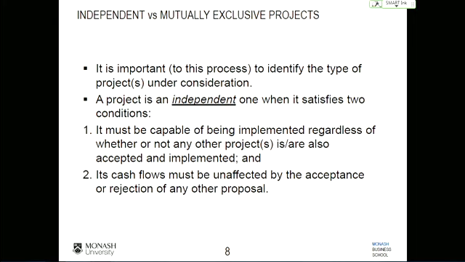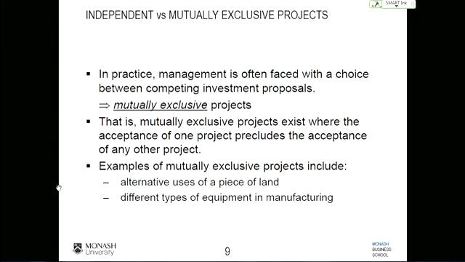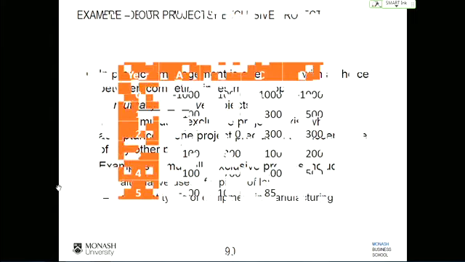The two projects are good, but because we can only choose one project, we have to choose the better one. Okay? So that's basically what it means by independent and mutually exclusive. And it will affect your answer if the projects are independent or mutually exclusive. Because now you have to make a decision of whether you are going to choose all of the good ones or you are going to choose the best one. Make sense? Okay, so that's the definition of independent and mutually exclusive projects.